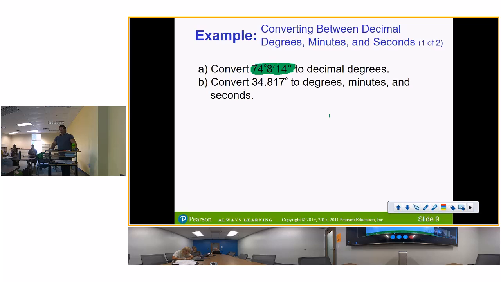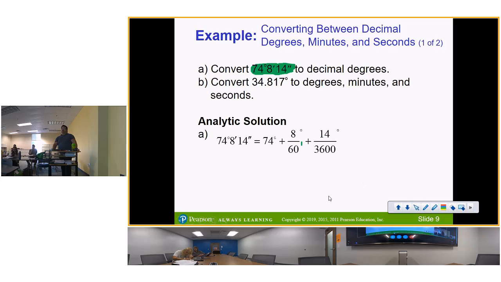All right? Now, how do you change these? I'm just going to do it this way because it's a whole lot easier to have it printed out. That's how you change degrees, minutes, and seconds into degrees and a decimal.